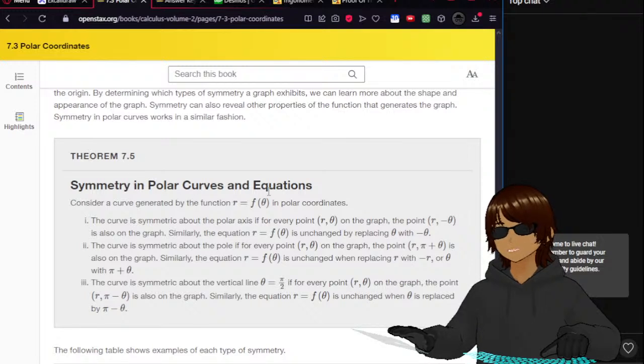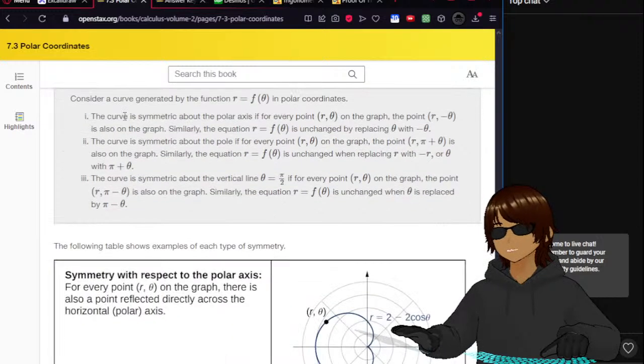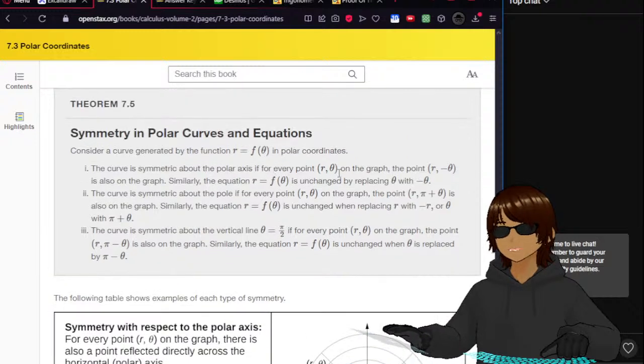Symmetry in polar curves and equations. Consider a curve generated by a function r is equal to f theta in polar coordinates. The curve is symmetric about the polar axis if for every point r theta on the graph, the point r minus theta is also on the graph. Similarly, the equation r is equal to f theta is unchanged by replacing theta with minus theta.